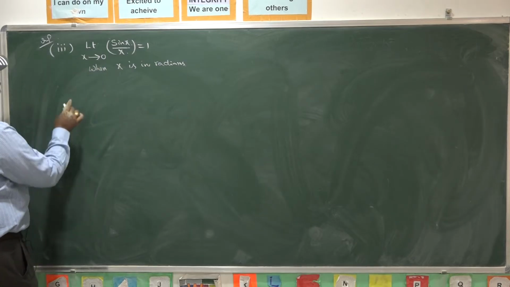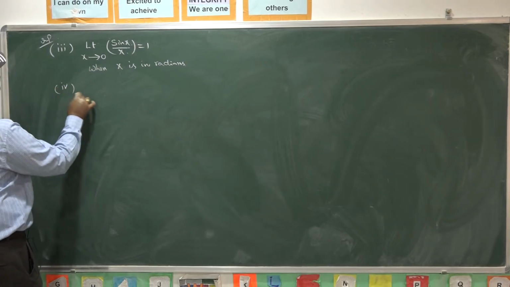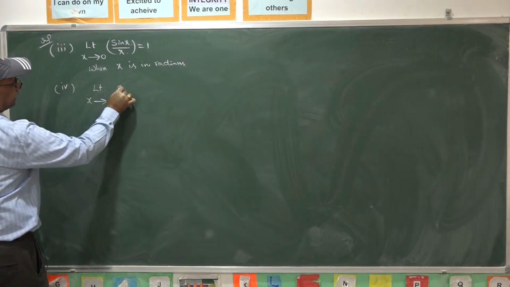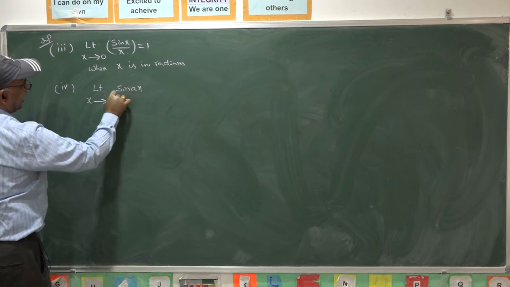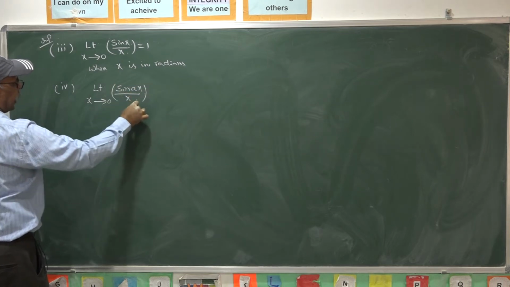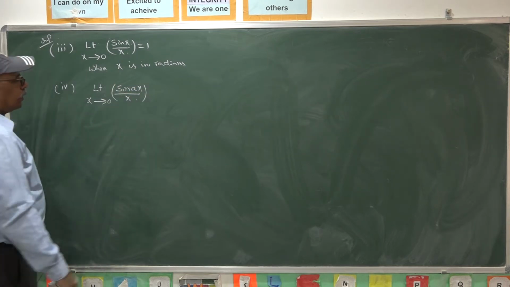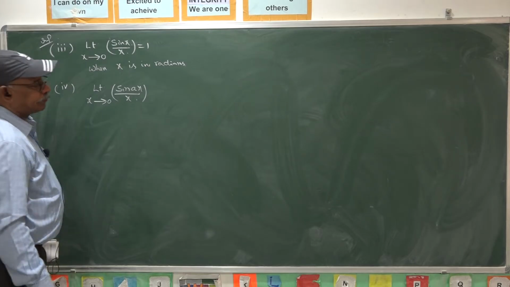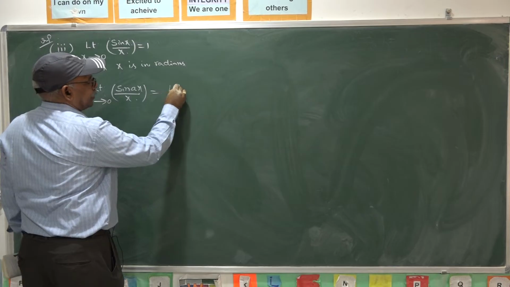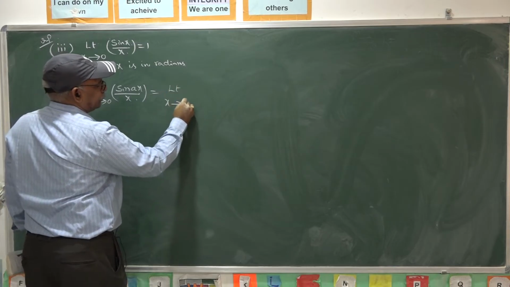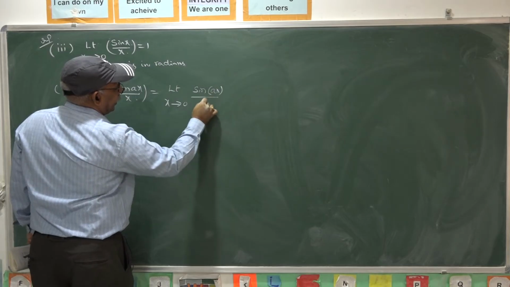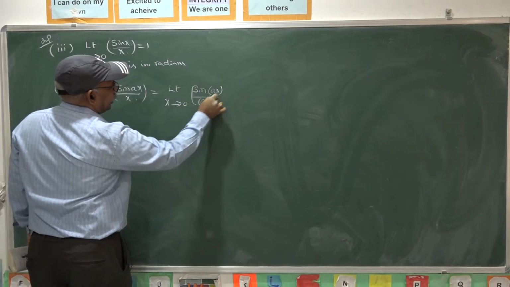Based on this, we get limit as x goes to 0, sin ax by x, where x is measured in radians here also. Limit as x goes to 0, sin ax by x may be written as limit x goes to 0, sin(ax) by ax into a.